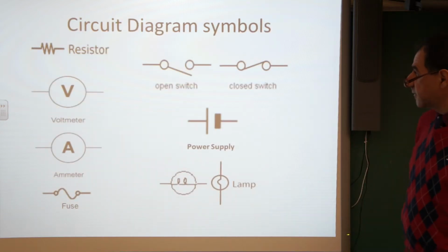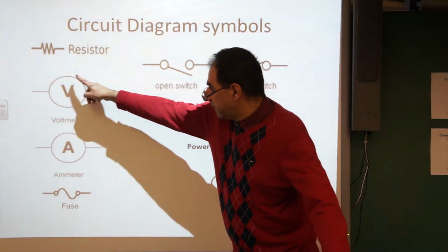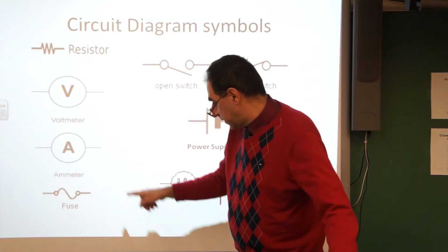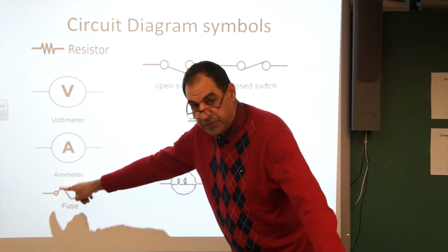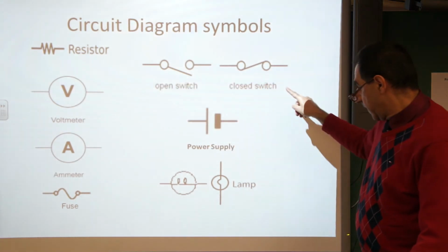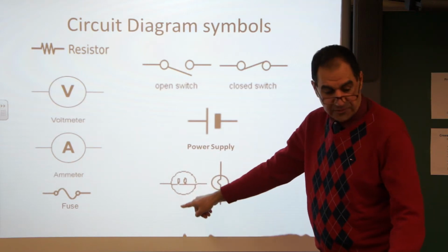These are some of the symbols we need to understand: resistor, voltmeter measuring potential difference, ammeter measuring current, a fuse to protect the circuit, switches to control, a power supply, and various types of lamps, which are also resistors.